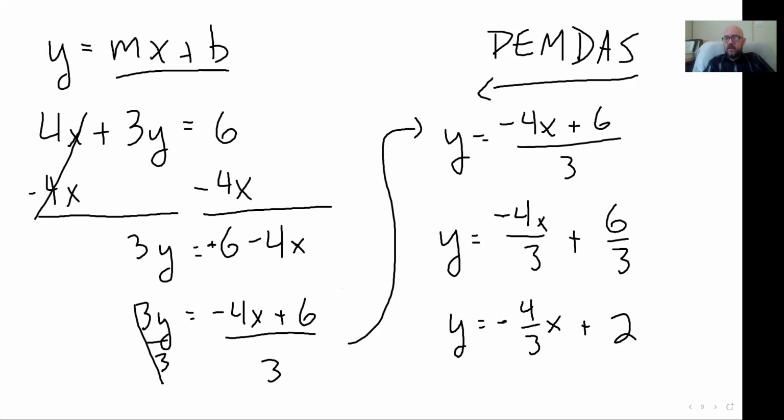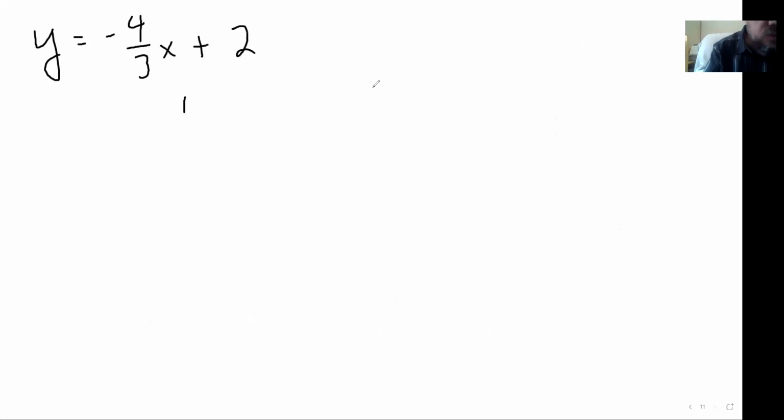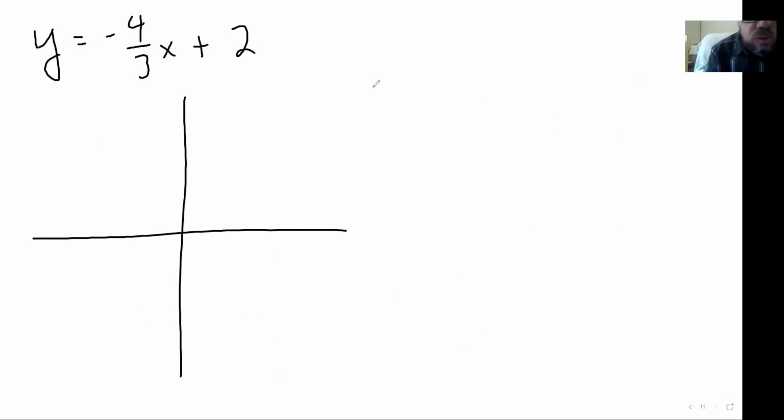Let's go ahead and graph that. So this one, y equals minus 4/3 x plus 2. Okay, so my y-intercept has a y value of 2. My slope is negative 4/3.